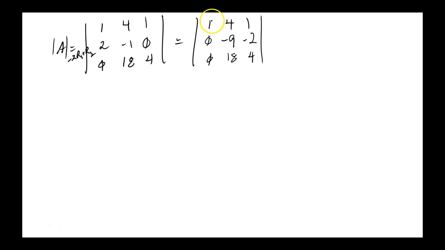Let's just do 1 times this, because that's in a positive position there, and what you have here is minus 36 plus 36 equals 0. Now, how did that happen?